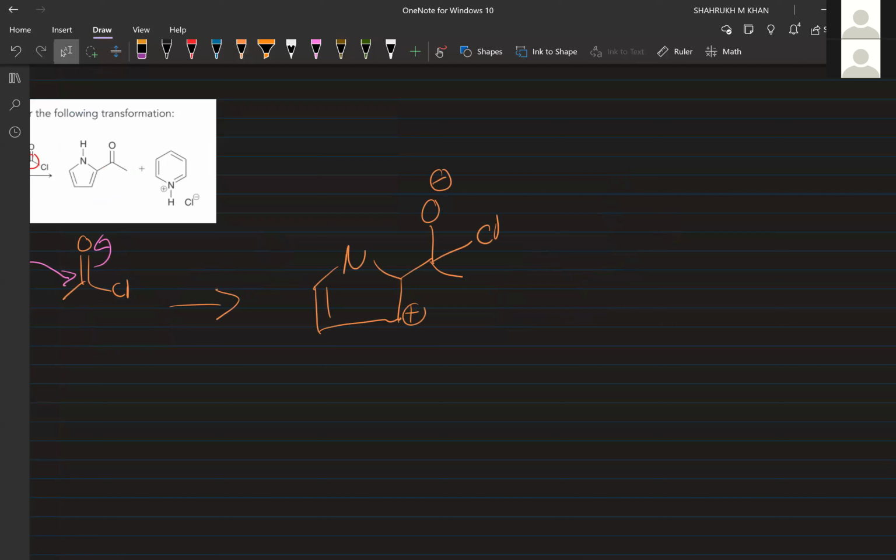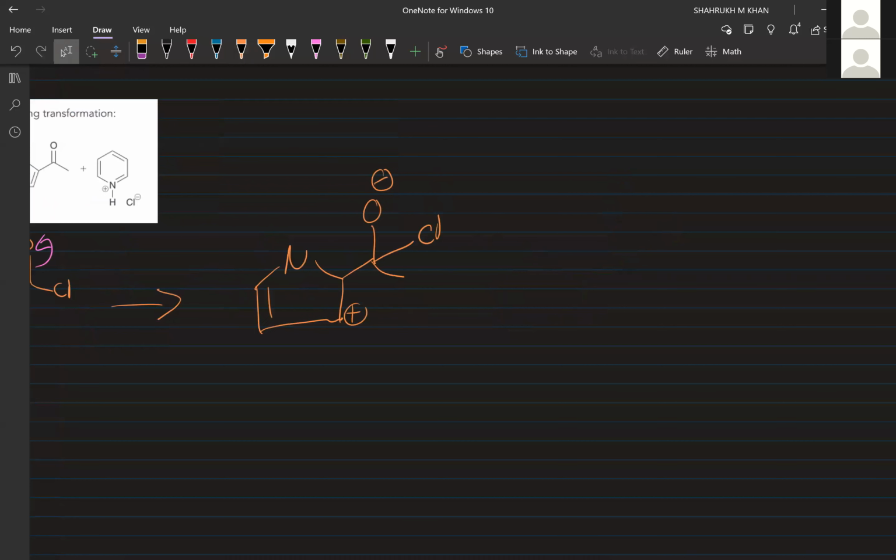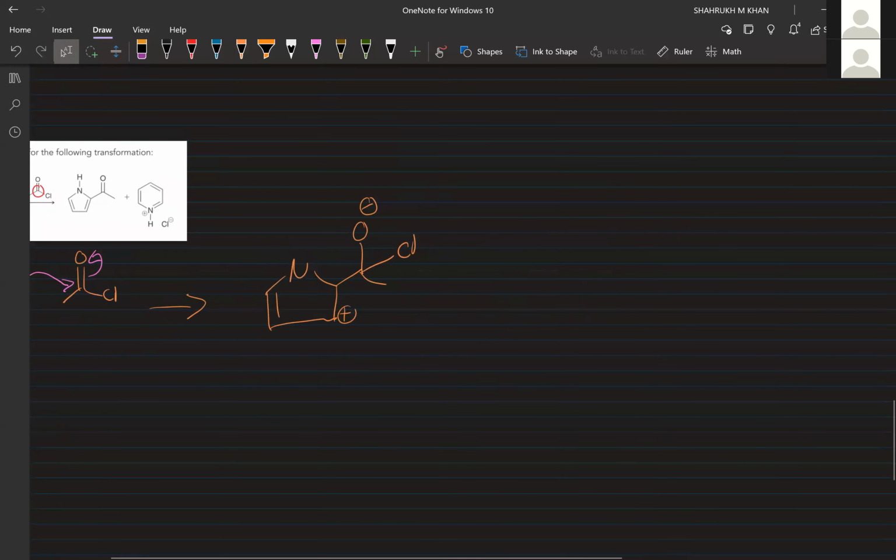All right. I think I'll just draw all the resonance structures. I mean, I'll just draw them for the sake of drawing them, because it's kind of the same thing with the sigma complexes is what I was thinking about.